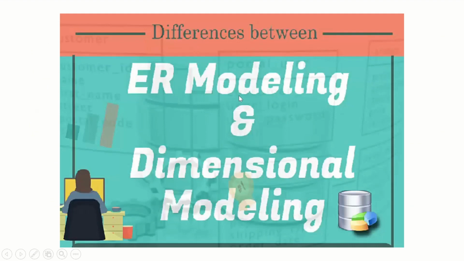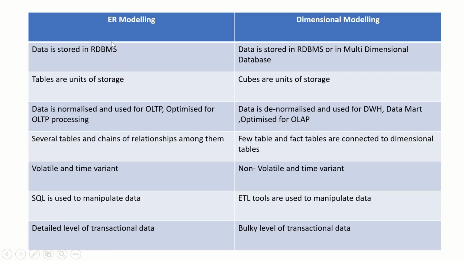Some differences between ER modeling and dimensional modeling. In ER modeling, data is stored in an RDBMS; in dimensional modeling, data is stored in an RDBMS or in a multi-dimensional database. Tables are units of storage in one, cubes in the other. In ER modeling, data is normalized and optimized for OLTP processing.